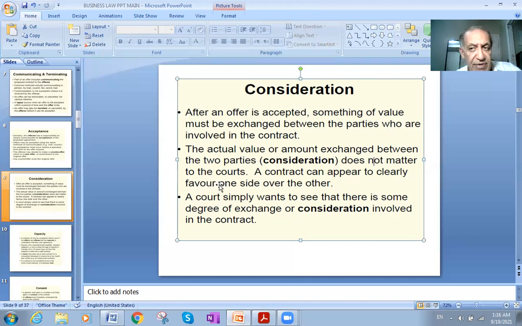How much I paid for this is your consent as buyer and seller, but the court has no hand in this.